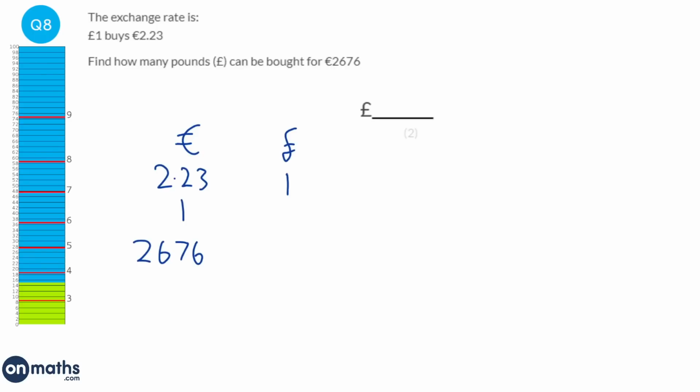So to get from 2.23 to 1, we divide by 2.23, and we're going to do that on both sides. And when we do that, we get 0.448 and so on. And then to get from 1 to 2,676, we go times by 2,676 on both sides.